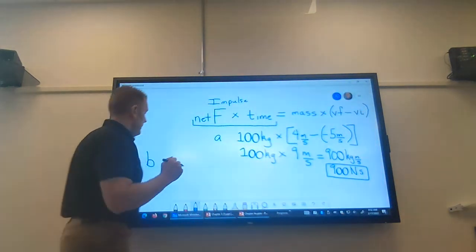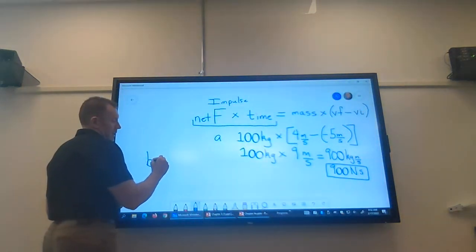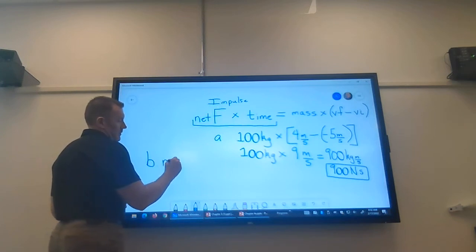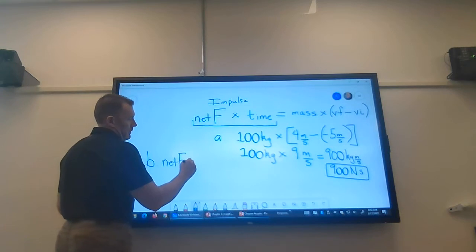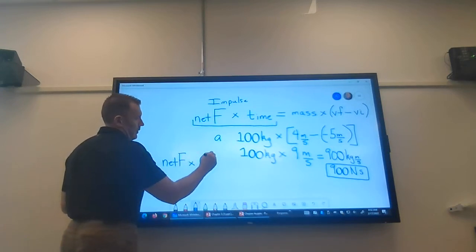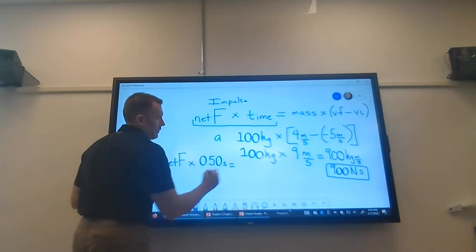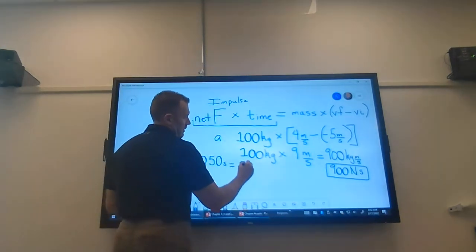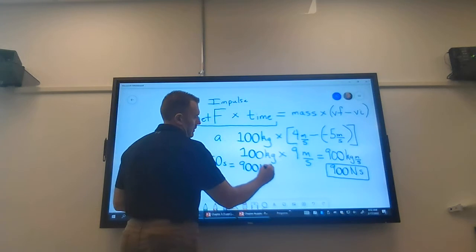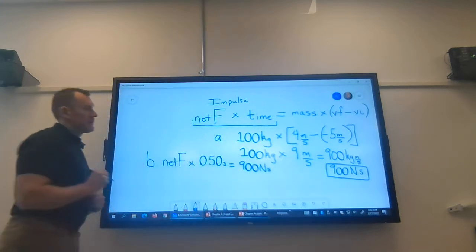So now we can get the net force times 0.50 seconds equals 900 Newton seconds.